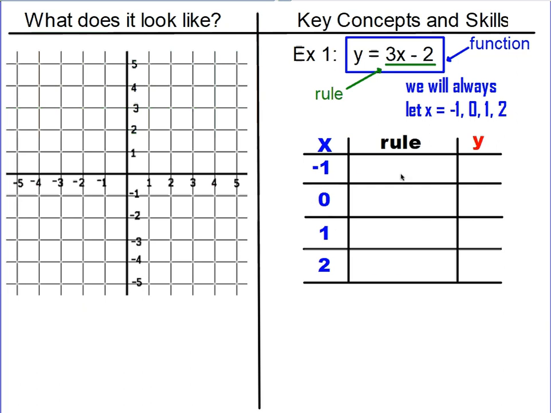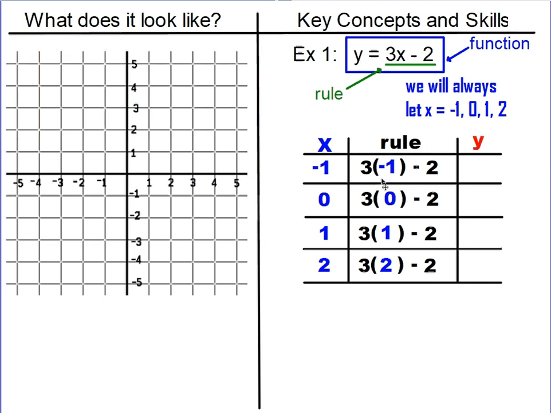So as we plug in this rule, again, all you're going to have is a parentheses where the x was. And so again, you have the left column, the rule in the middle, and then you're just going to have your input values, so your x's. And so you're going to have -1, 0, 1, and 2.